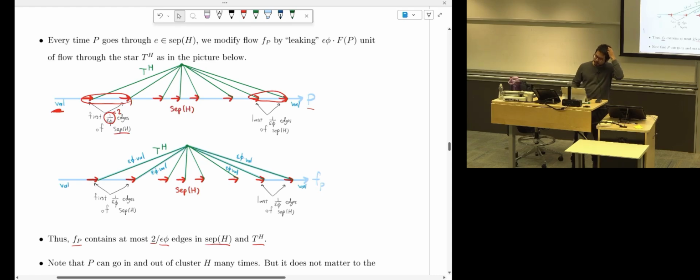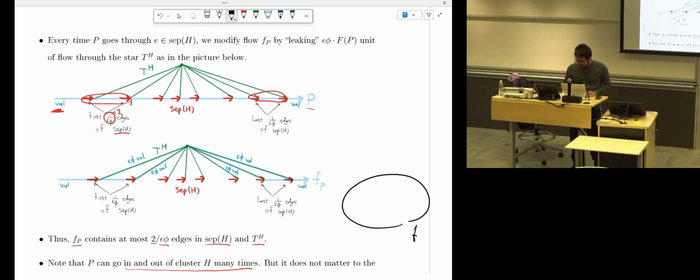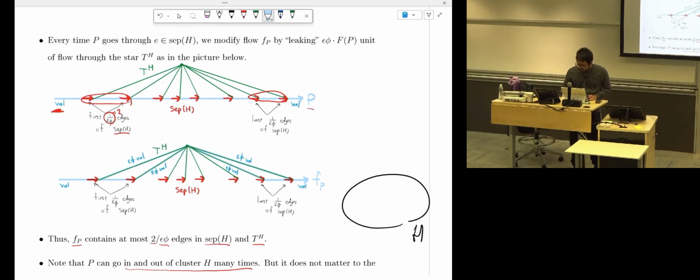By the way, I want to note that the path can actually go in and out of the cluster many times. It's not that I have one cluster H and a path that looks like this, and then we shortcut.